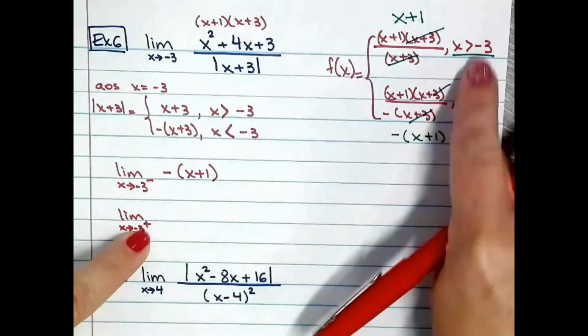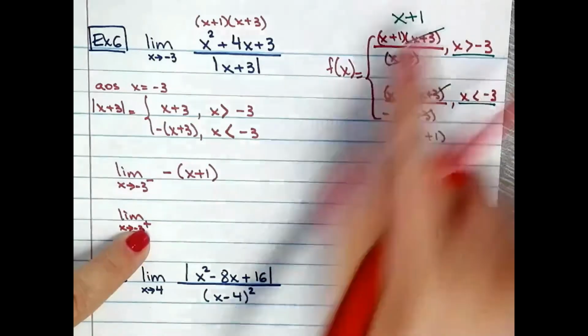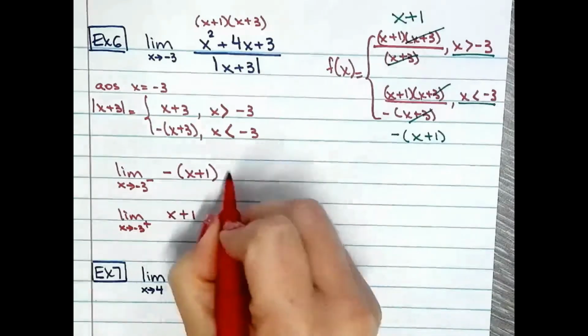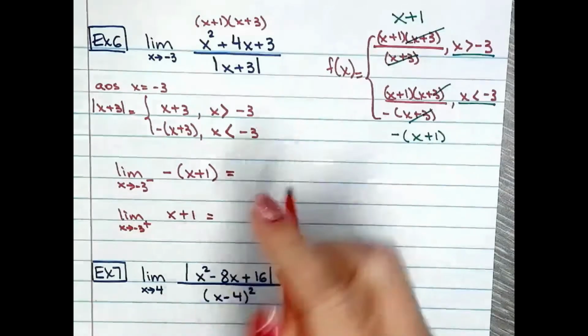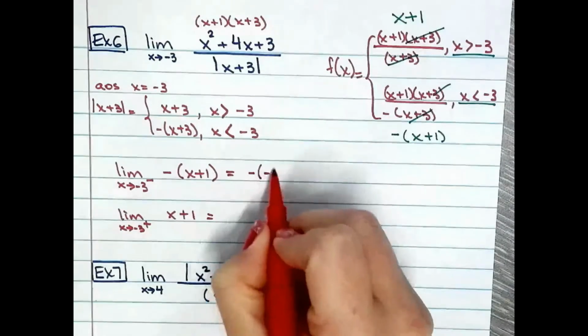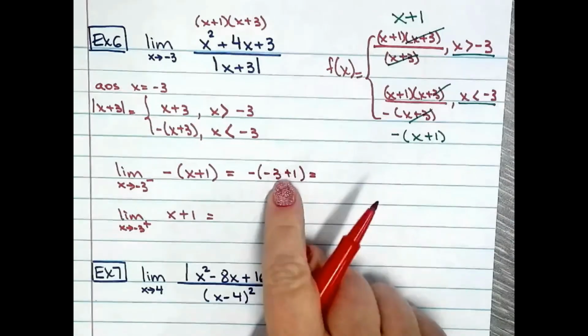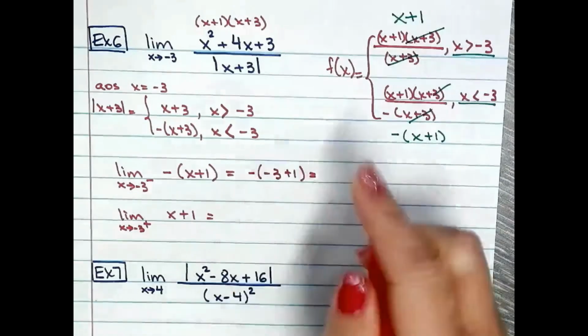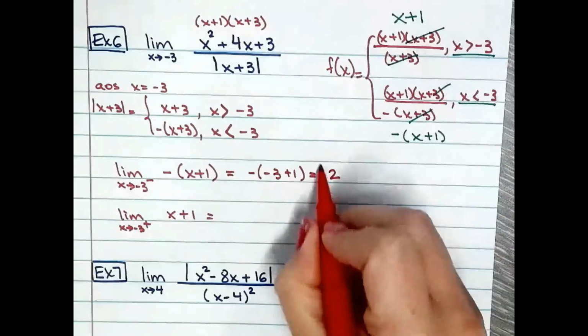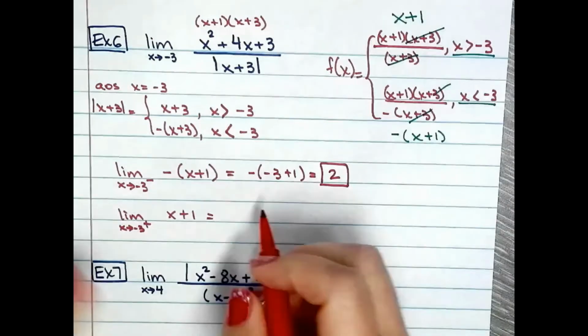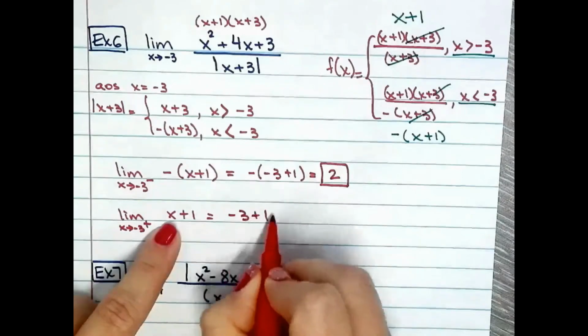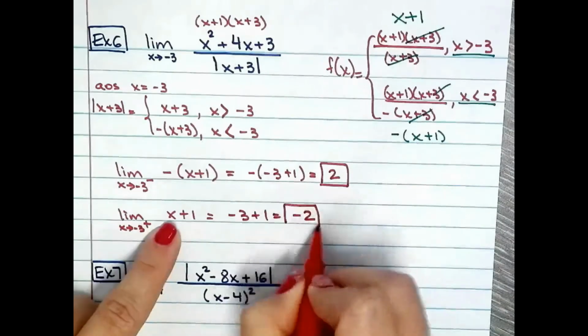And approaching from the right, I will use x plus 1. Okay, direct substitution here. So negative 3 plus 1. That gives me 2. Because here I have negative 2, negative, negative, make a positive. So positive 2 right there. And here, negative 3 plus 1, that is negative 2.